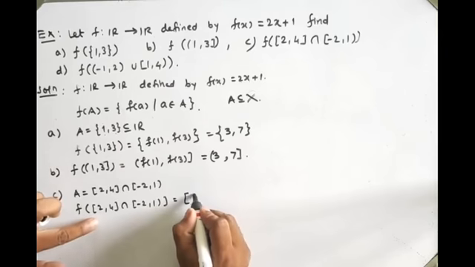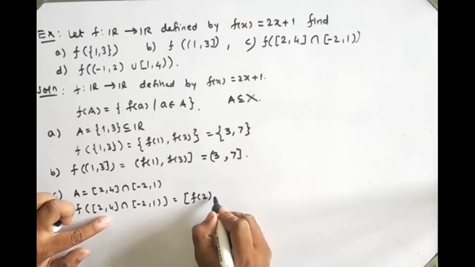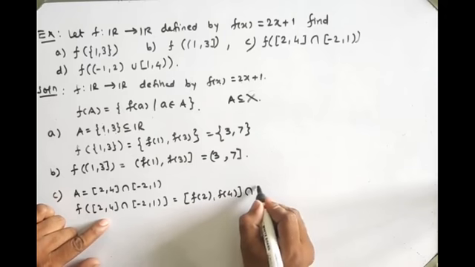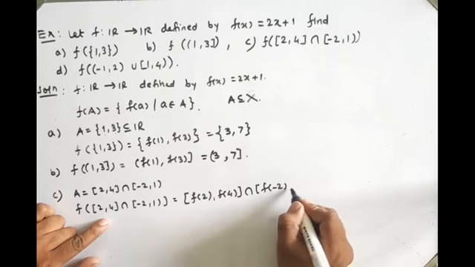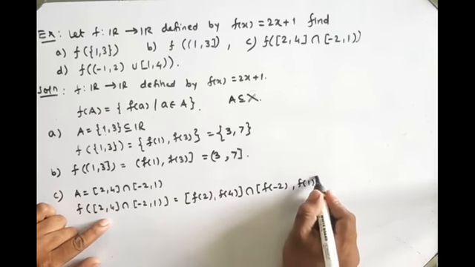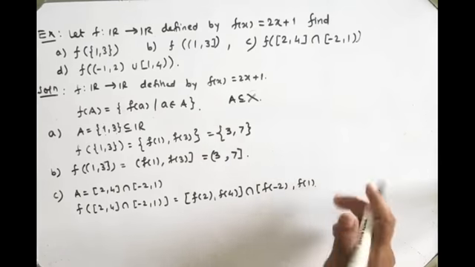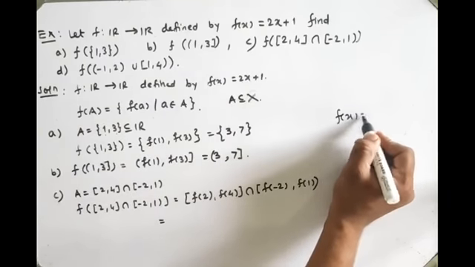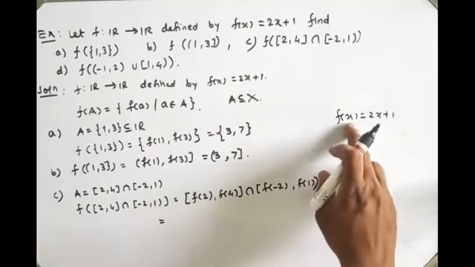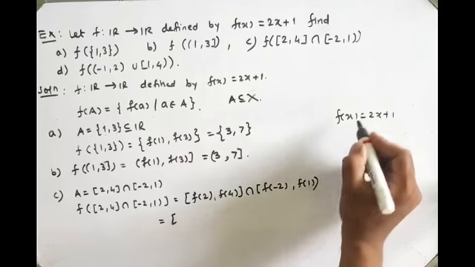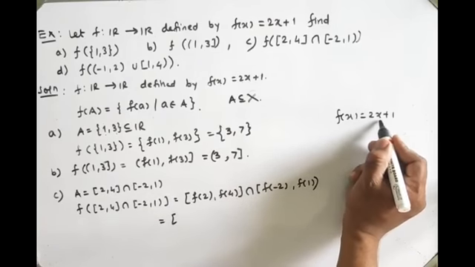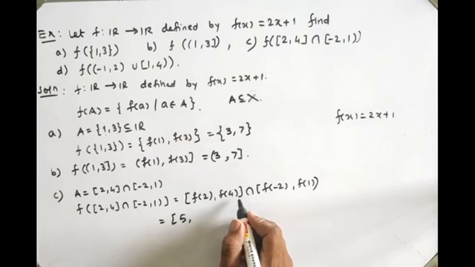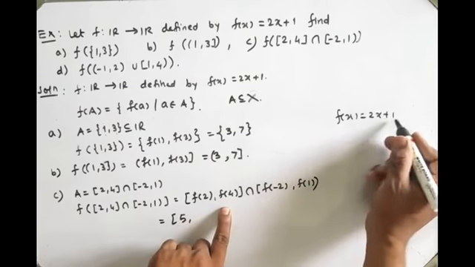The image of the closed interval, f of 2 comma f of 4, intersection the image of f of -2 comma f of 1, which is an open interval. So what is f of 2? Our f of x is twice x plus 1, so replace x by 2. Then 2 into 2 is 4, plus 1 is 5, and f of 4 will be 4 into 2 is 8, plus 1 is 9.